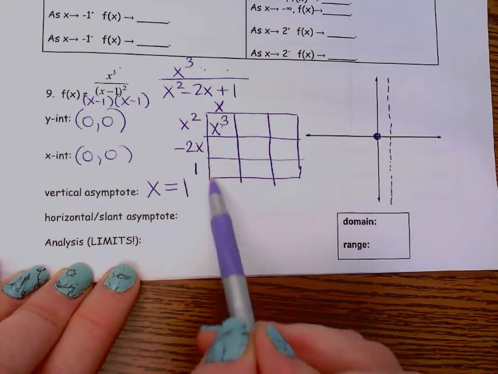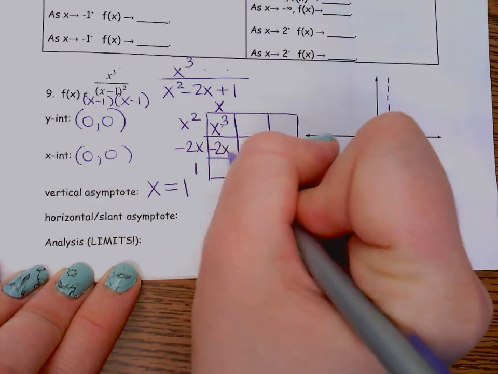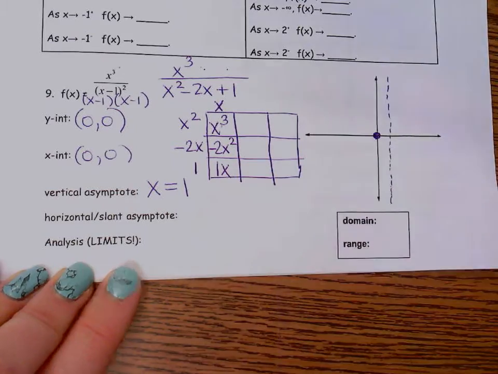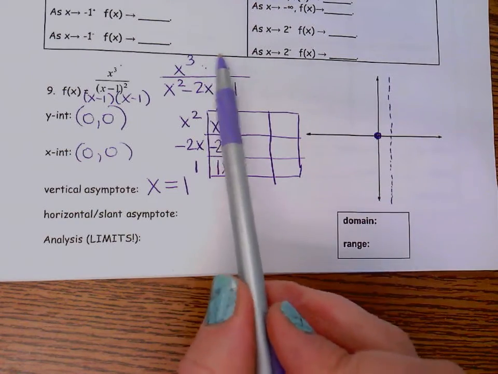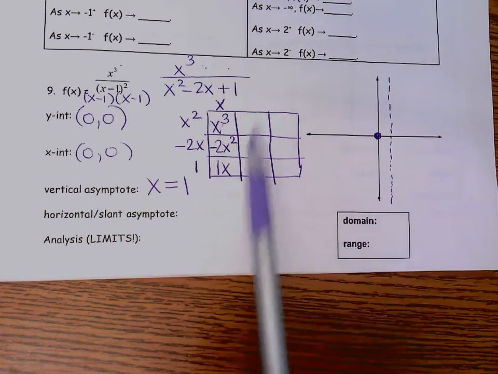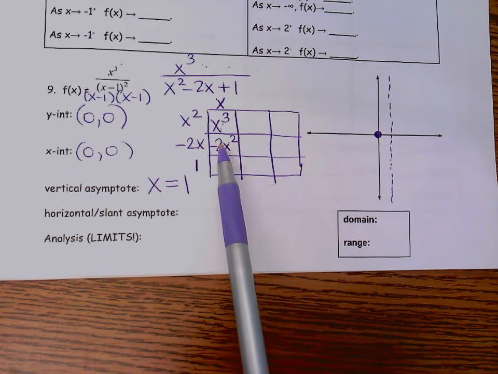Now I fill in these bottom 2 boxes. So I have negative 2x squared and positive 1x. So remember, I said I wanted 0x squared up here. So what goes in this next diagonal box so that that adds up to 0?